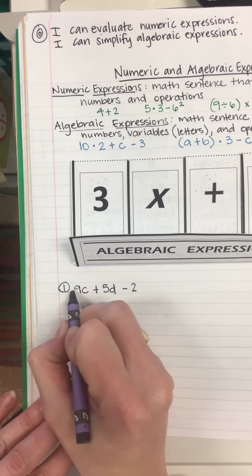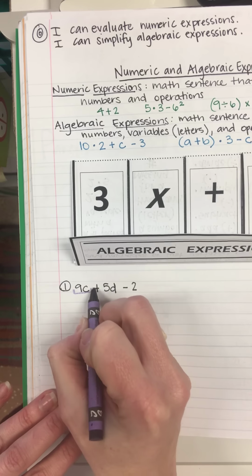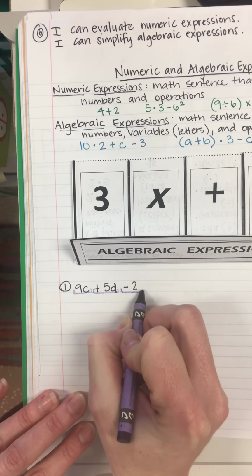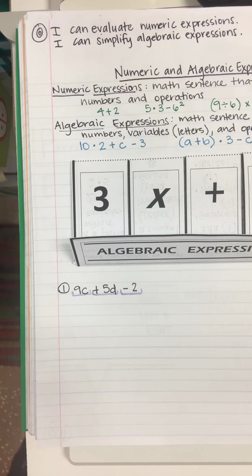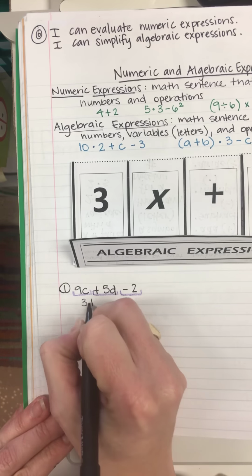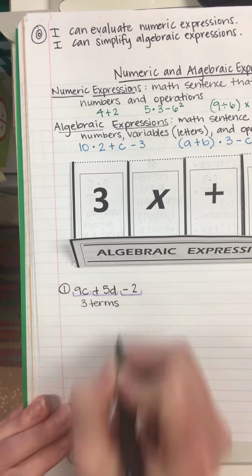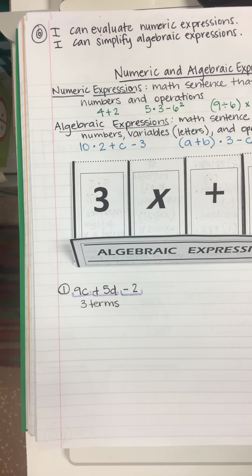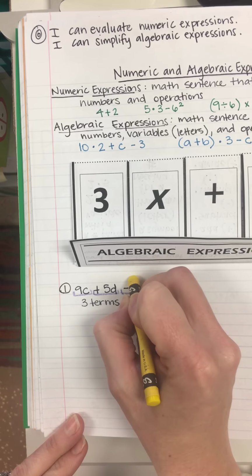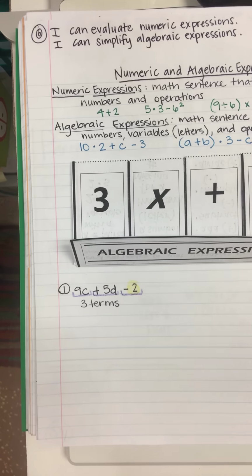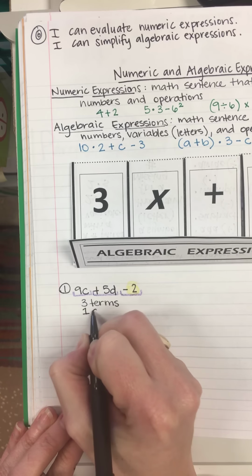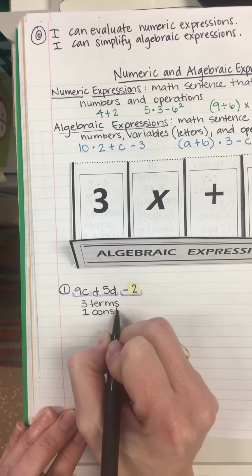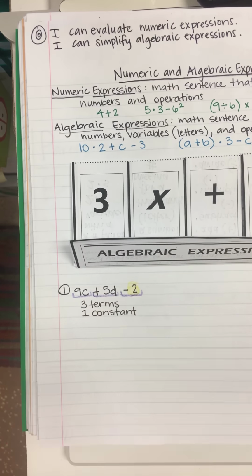So in this example, there's 1, 2, 3 terms. I see a constant. Here is my constant. So I'm going to write that there's 1 constant.